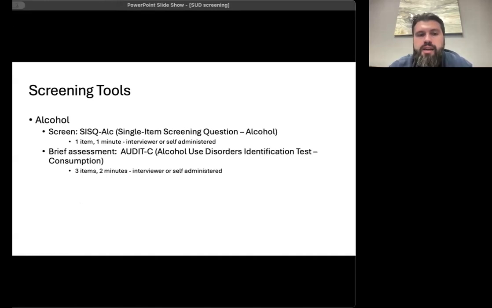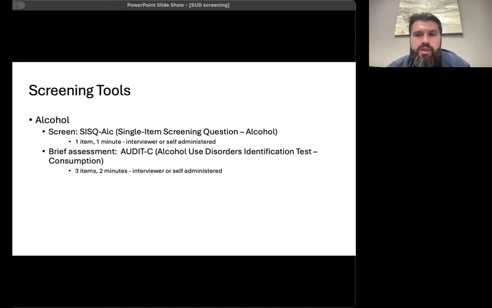The first one is the single item screening question for alcohol. This is just one item, which usually only takes about 1 minute to do. It can be done via an interviewer, like you could ask this question, or it can be self-administered as well.